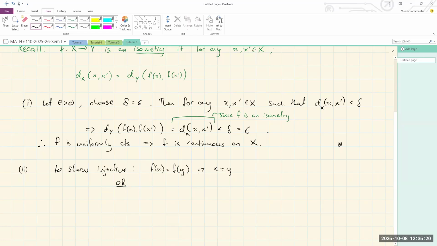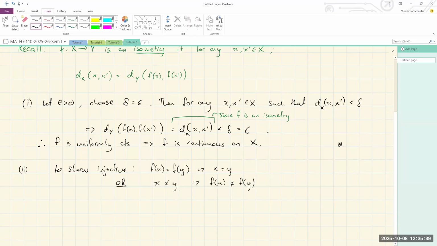or the contrapositive of this, we could show if two points are distinct, this implies that their images are also distinct. Okay, so I just took the contrapositive of the line above it.